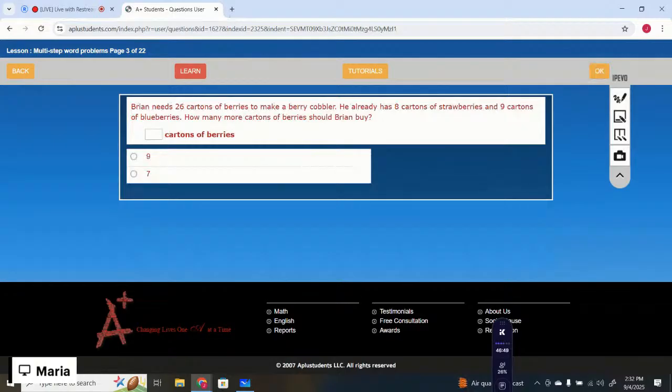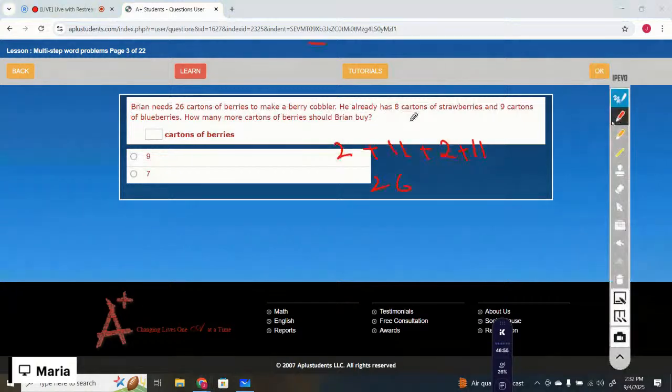Brian needs 26 cartons of berries to make a berry cobbler. He already had 8 cartons of strawberries and 9 cartons of blueberries. So he already has 8 plus 9, right? 8 plus 9 is 17. How many more cartons of berries should Brian buy?